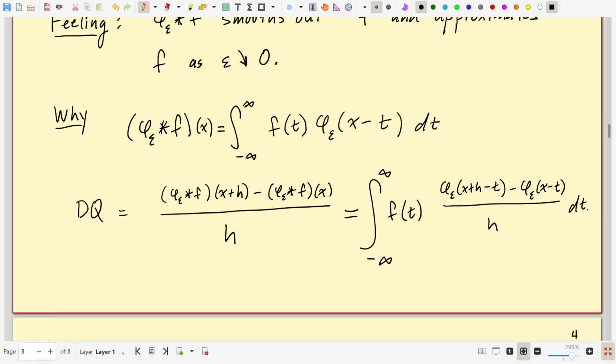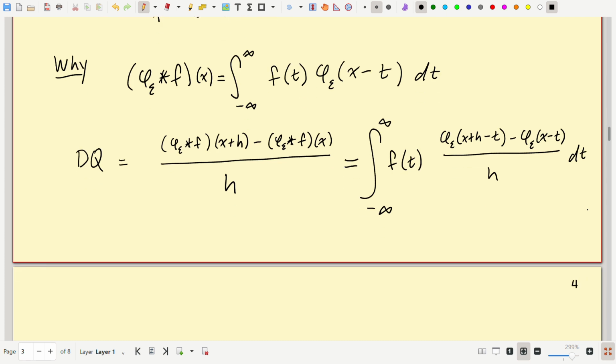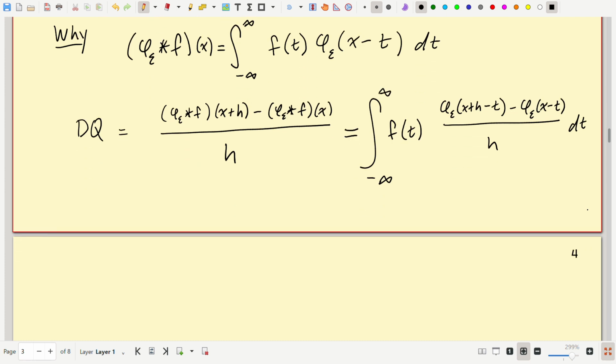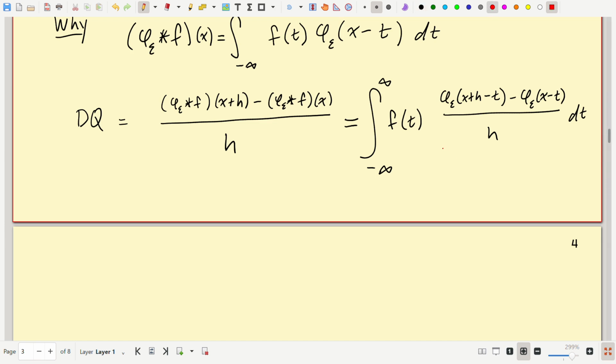And that function is so nice and dies away at infinity so fast, what you realize is that this integral is very nice, it's infinitely differentiable, and it dies away very fast at infinity. For big x, it dies away fast, in both directions.